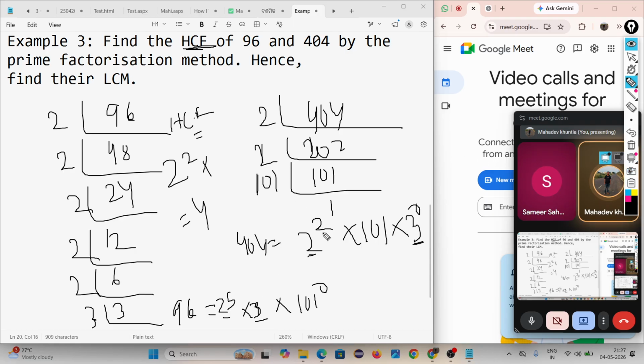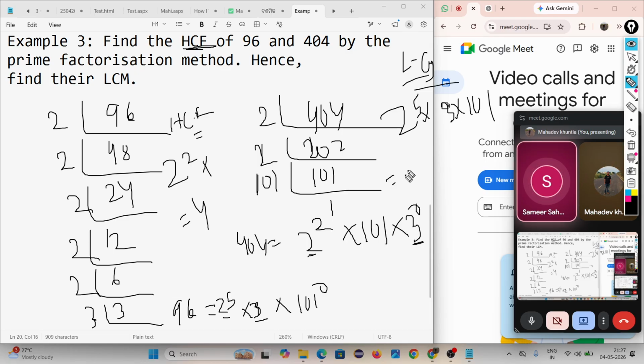You can find the LCM here, but we apply the second method for finding the LCM. How do you find LCM? Take the greatest exponents: 2 raised to the power 5 into 3 into 101.